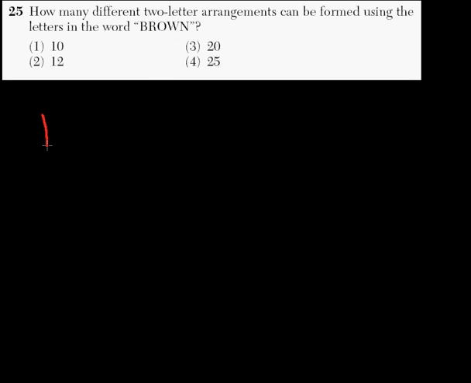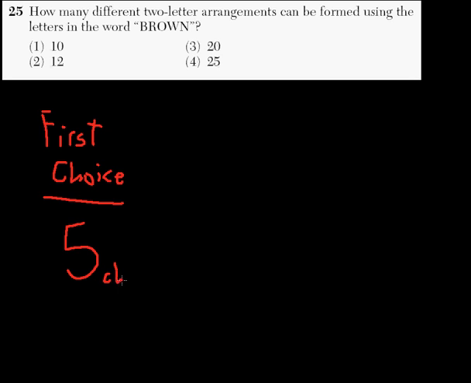That means for your first choice of the two-letter arrangement, you have 5 total choices. I can pick B, R, O, W, or N, but I have 5 choices for the first one.